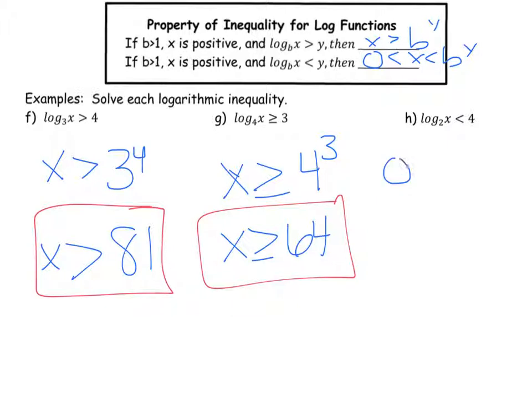I'm going to have 0 is less than x, which is less than b to the power of y, in this case 2 to the 4th. So if I go ahead and simplify this, I know that 2 to the 4th gives me 16, so 0 is less than x, which is less than 16, or x is between 0 and 16 is going to be my final answer.